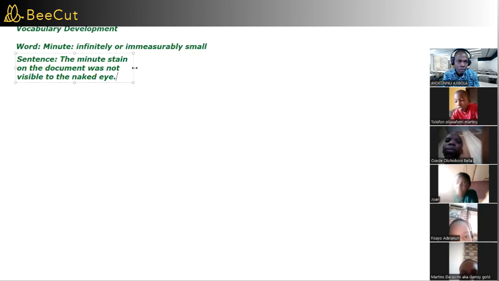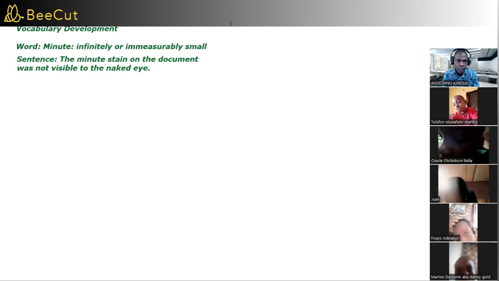So we say the minute stain on the document was not visible to the naked eye. So the word we are looking at here is minute.